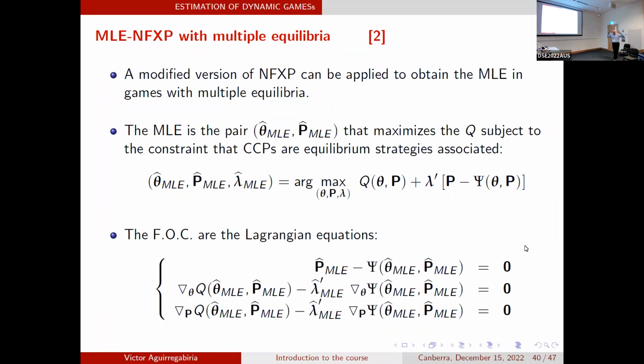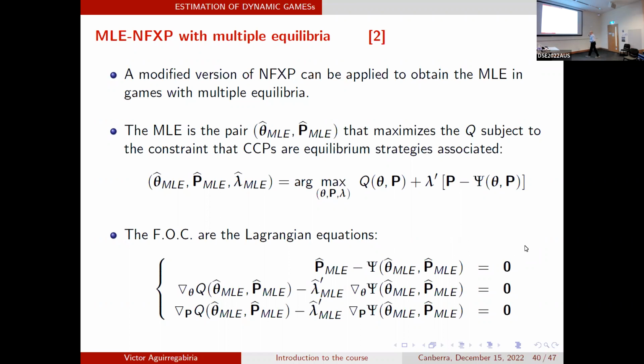We have the block of the derivative of my choice probabilities as player 1 as a function of my own choice probabilities. We have the block for the Jacobian of the best response choice probabilities of player 1 as a function of the choice probabilities of player 2, and that's another block, and so on. And this large Jacobian matrix is the construction of these multiple blocks.